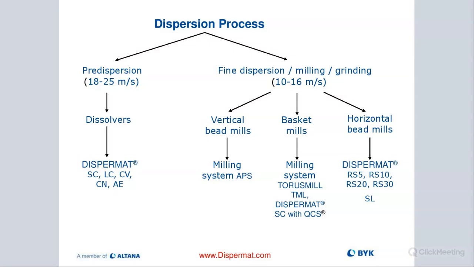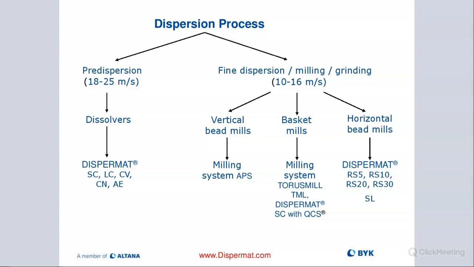And then when we are fine dispersing or milling or grinding, our tip speed is anywhere between 10 to 16 meters per second of rotor speed or milling disc speed. So it's slower when we are milling, but we also have media in the process to help us put in more energy and basically really reduce the aggregates down to the primary particle size.